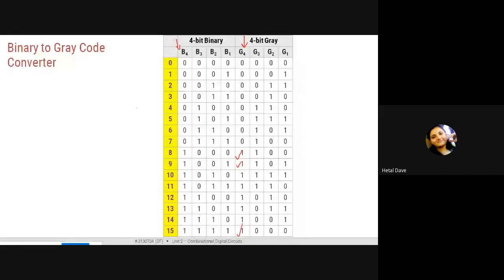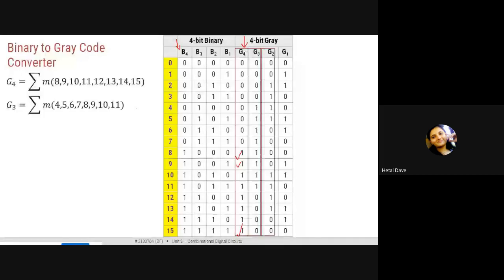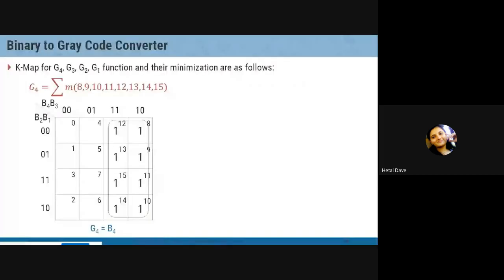And G1 is equal to B2 XOR B1. The method is the same, the steps are the same. You just need to follow the same steps. You will get the answer. Okay, next.